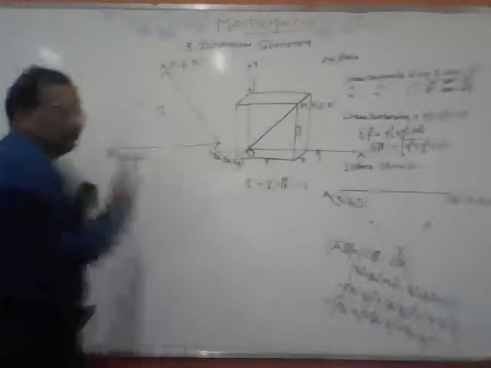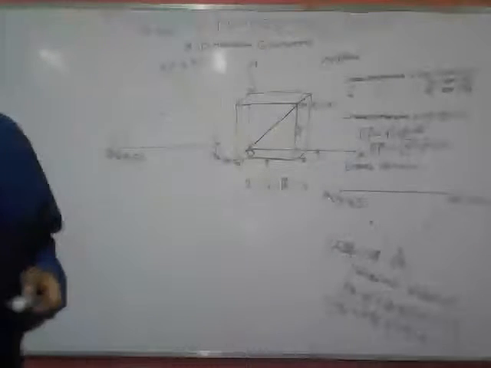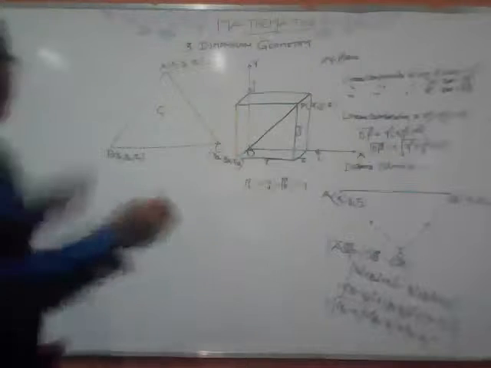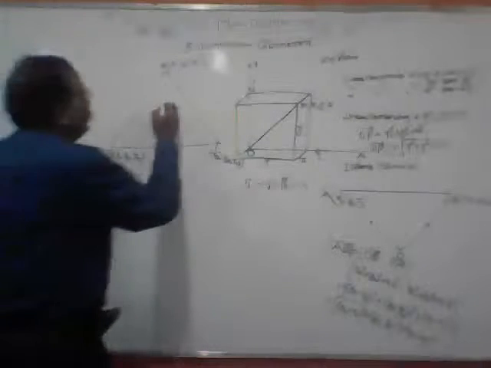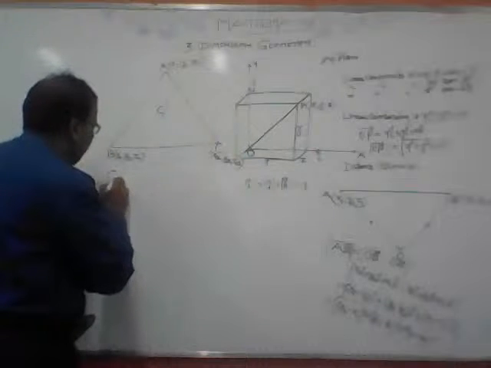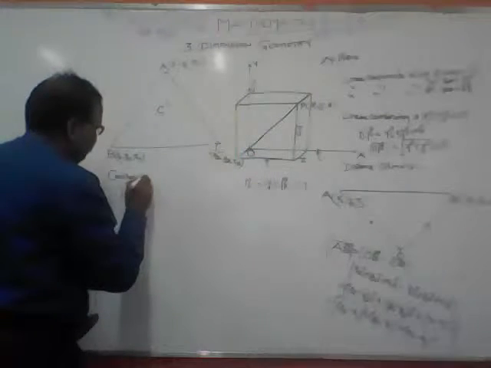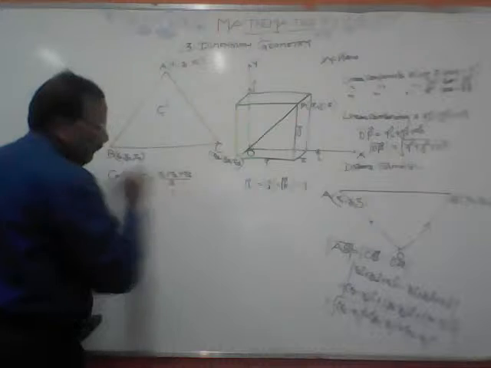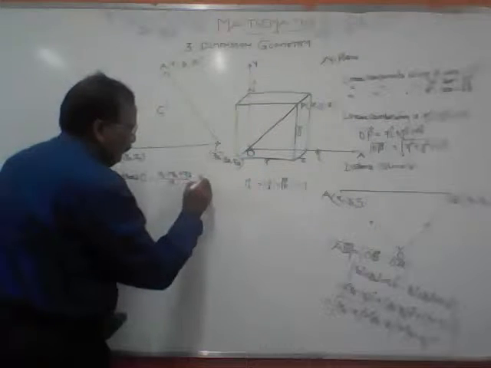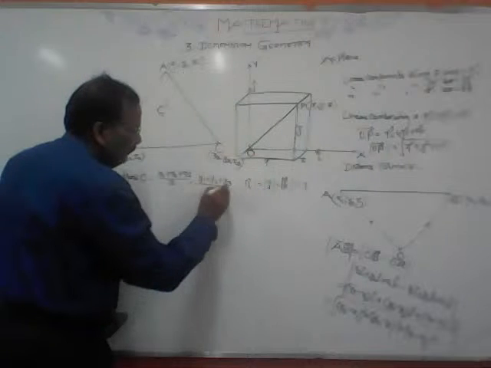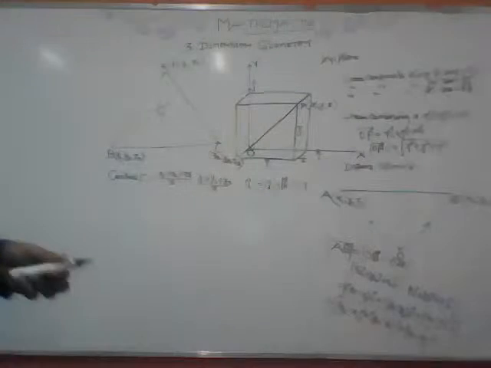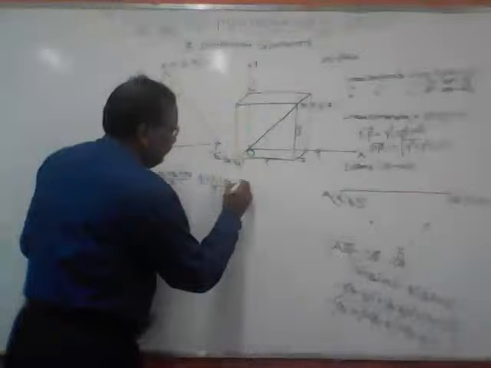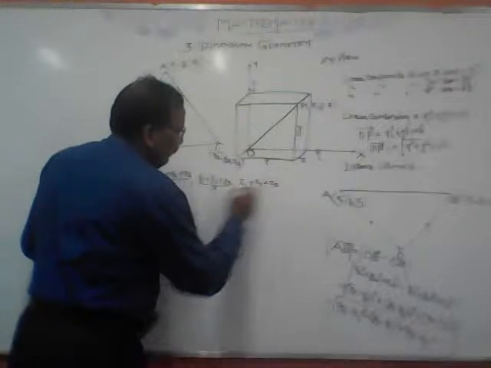We want to find the centroid C. C is equal to (x1 plus x2 plus x3) by 3, (y1 plus y2 plus y3) by 3, (z1 plus z2 plus z3) by 3.